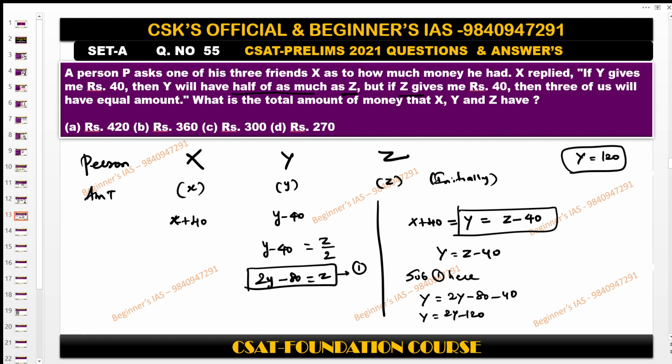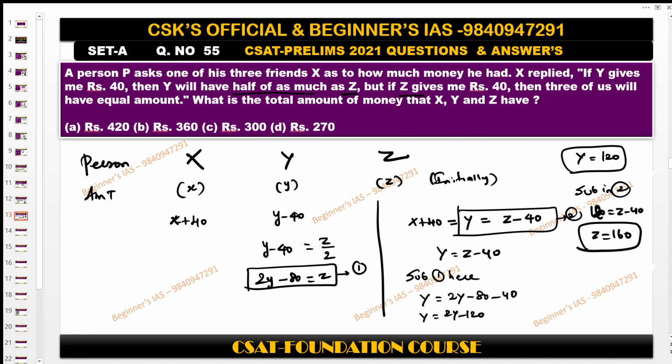After knowing the y value, substitute it in the second equation, which I am taking as 2. Y you know is 120, so z is automatically 160, isn't it? Z minus 40 equals y, which is 120, so bringing it towards the LHS, z is 160.